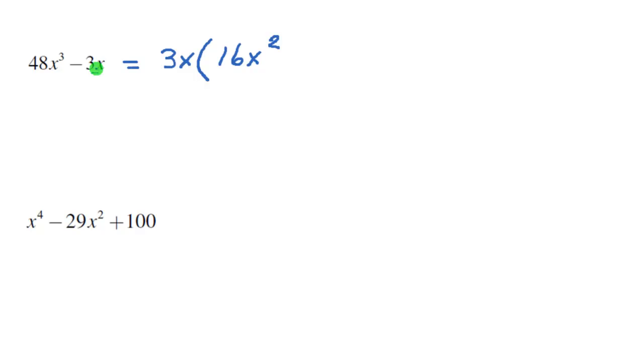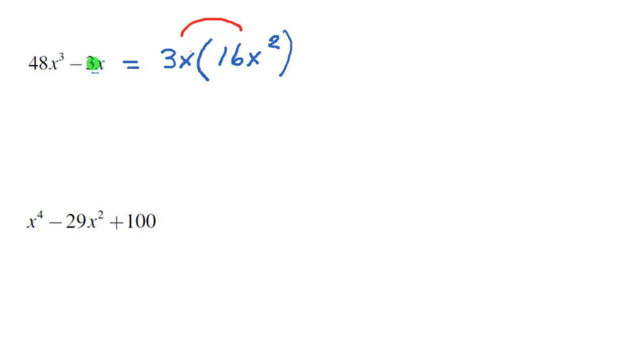Now, a lot of students then will just close off this parenthesis and be done, because they figure, well, I pulled out this 3x, so there's nothing left. But remember how we always check mentally to see if when we distribute, we end up with what we started, and here we would only end up with the first term, right? We'd be missing that negative 3x if we distributed the 3x.